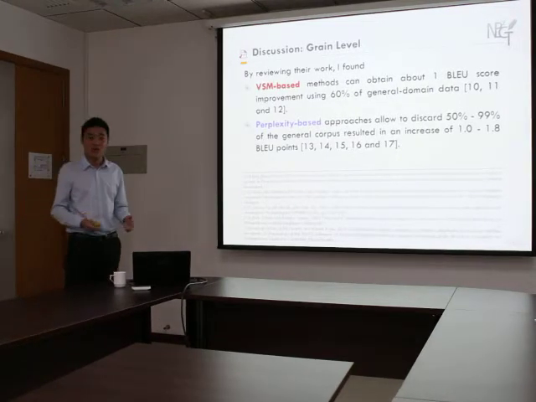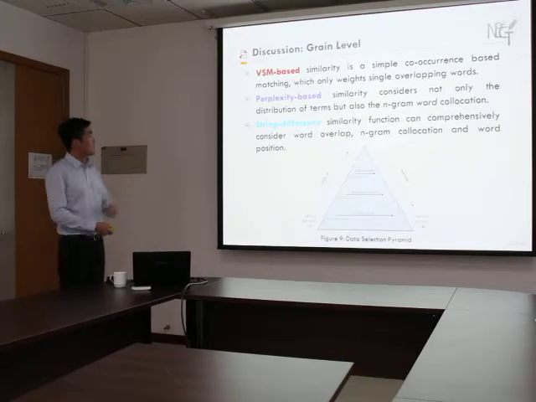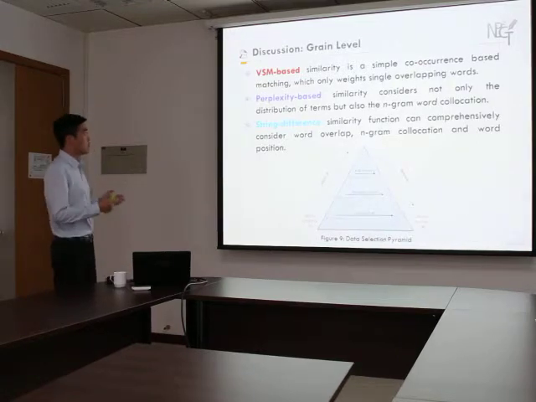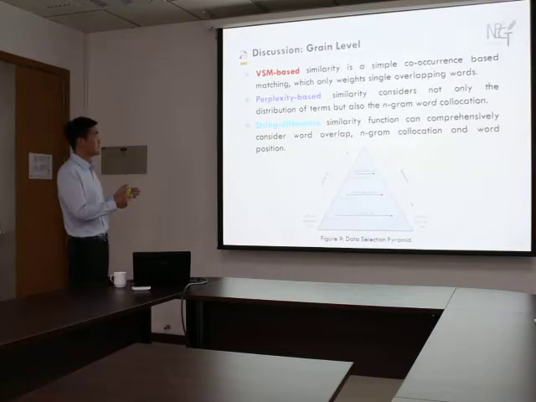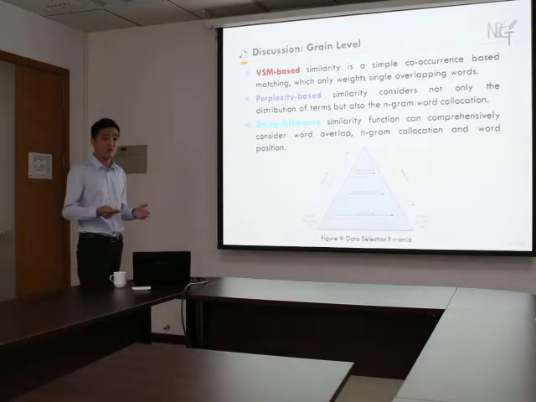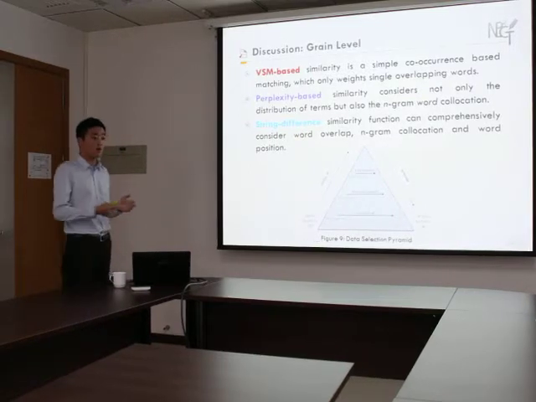You will ask why they have different performance. I think VSM-based similarity is a simple occurrence-based matching which only weights the single overlapping words. But the perplexity-based similarity can consider more: not only the distribution of terms, but also the n-gram word occurrence.